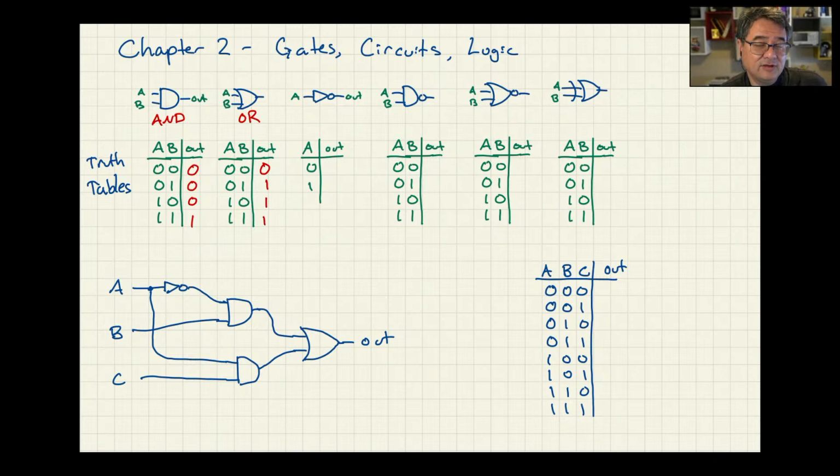So if either of the inputs is a 1, or both, then the output is a 1. This next one is NOT. The output is a 1 if the input is a 0, and the output is a 0 if the input is a 1.